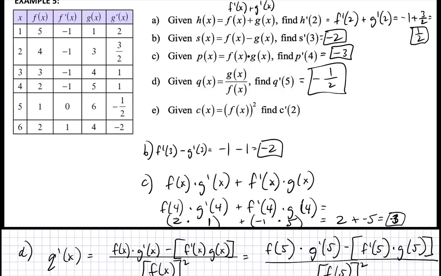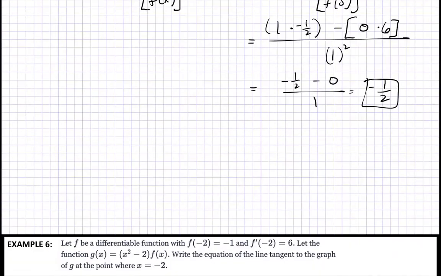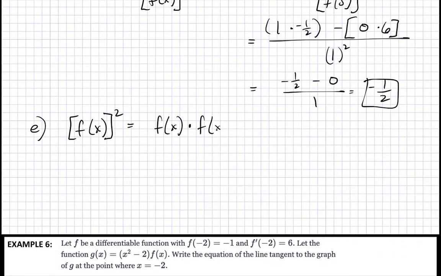If I don't know, the safe way is to take f of x squared as f of x times itself and use the product rule. After next week, we'll go right to chain rule, but we haven't learned that yet. So the safe way right now is product rule.